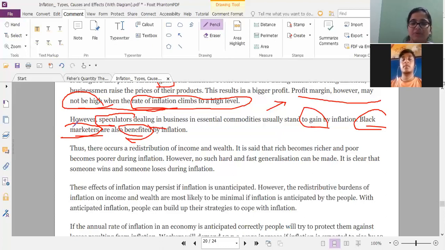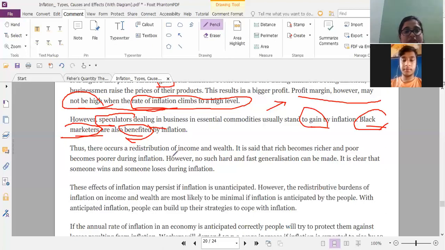The people in this market are trading by hiding away from the government. That is, they don't pay tax, and they don't have proper papers for whatever they're doing, right? It is not white money, it is black money, illegal money, corruption. So black marketers also benefit by inflation, right?